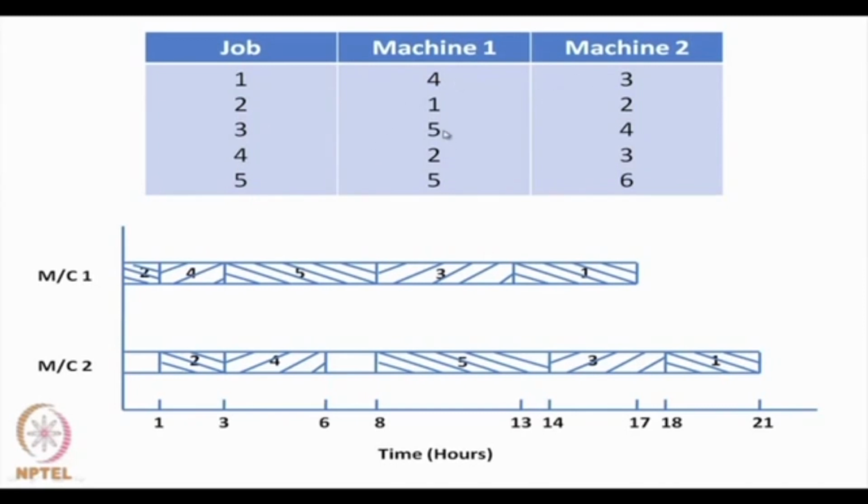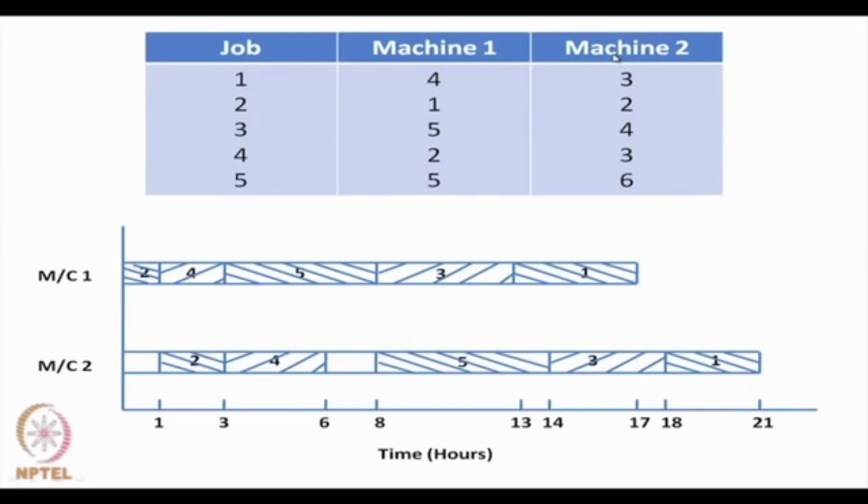Among 1, 3, 5, what is the minimum? These are the values: 4, 3, 5, 4, 5, 6. The minimum is 3. 3 occurs in machine 2 and not in machine 1, for job 1.